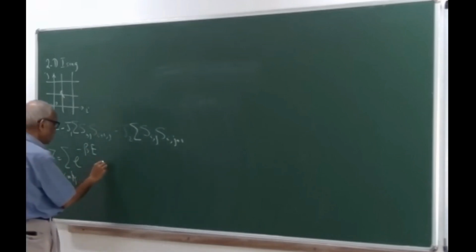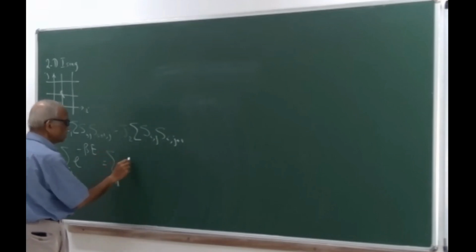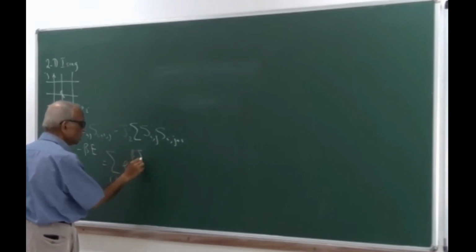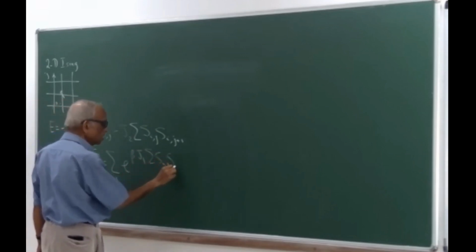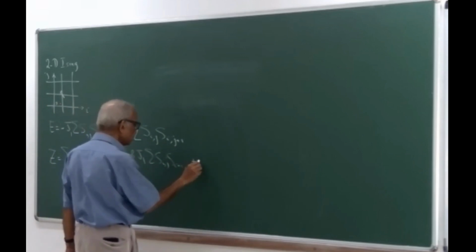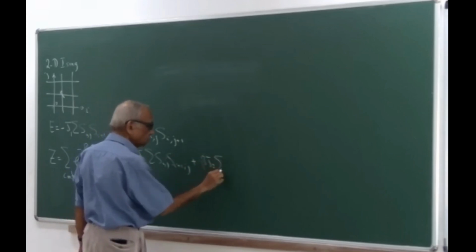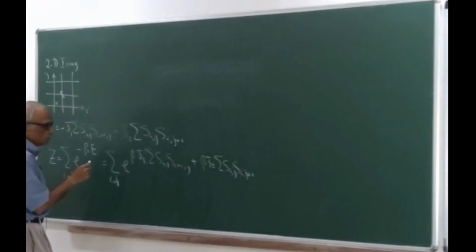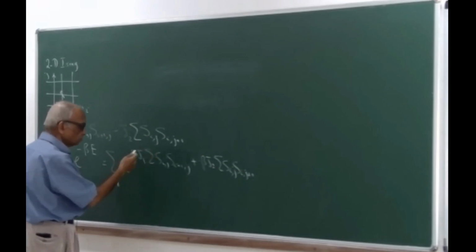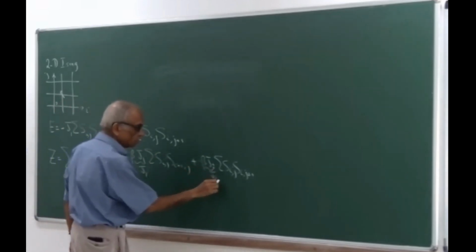And therefore, this becomes a sum over all configurations of e to the beta J1 summation S_ij S_{i+1}j plus beta J2 summation S_ij S_{ij+1}. So that's what we essentially wrote, with the beta absorbed into J1 and J2.